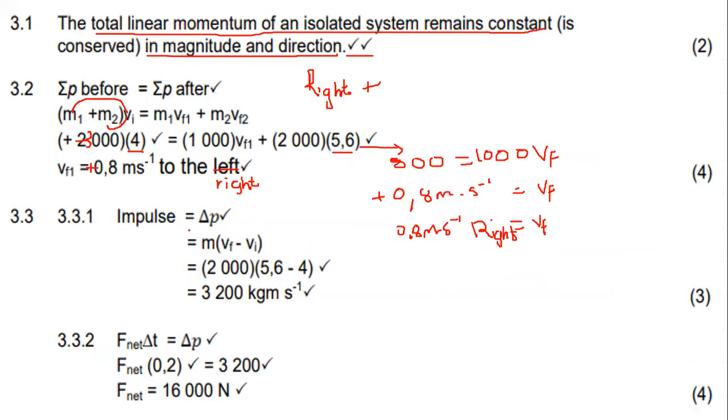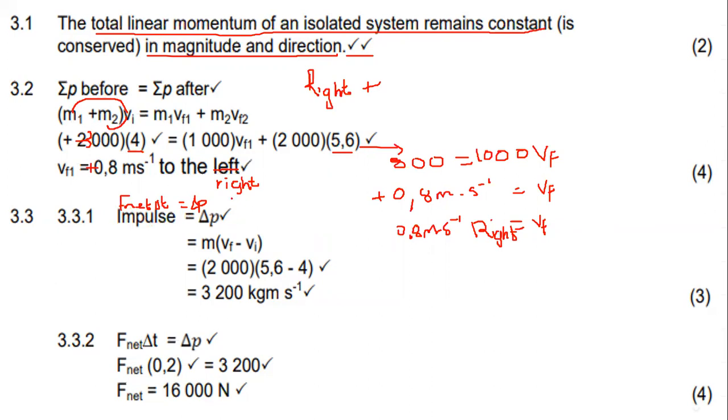Impulse, we know it is equal to the change in momentum. And we know impulse, in essence, we say it is F net delta T, and we know very well it is equal to delta P. And hence, when they go further, they can just say then F net delta T is actually our impulse, which is equal to the change in momentum.